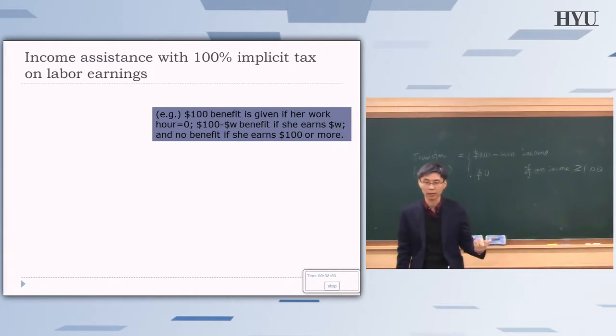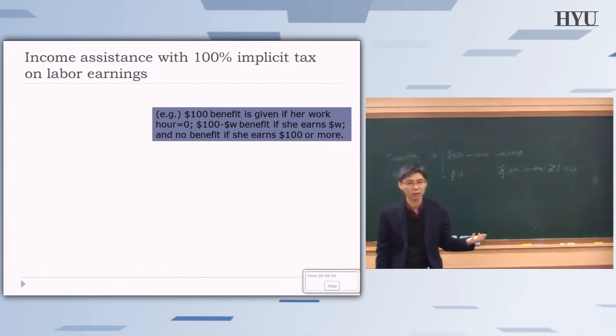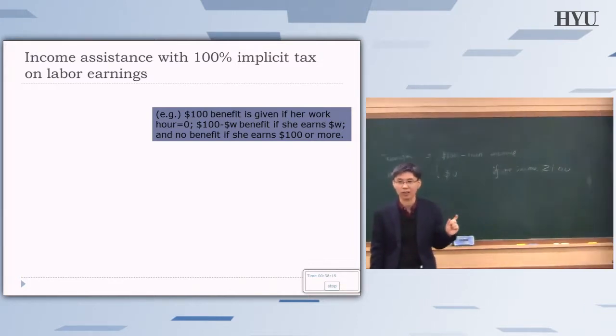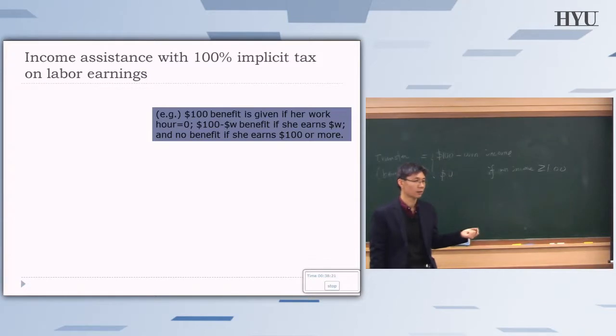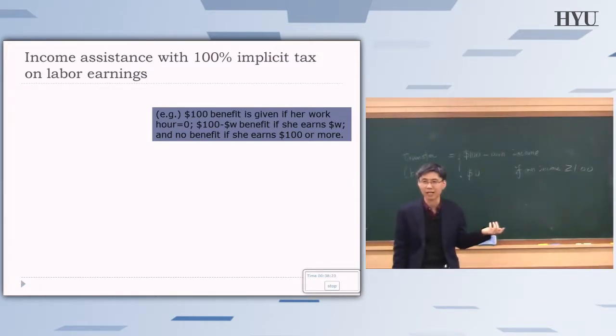So by working another hour, how much additional income did she get from it? She got 0, nothing. Then what happened to that $10?